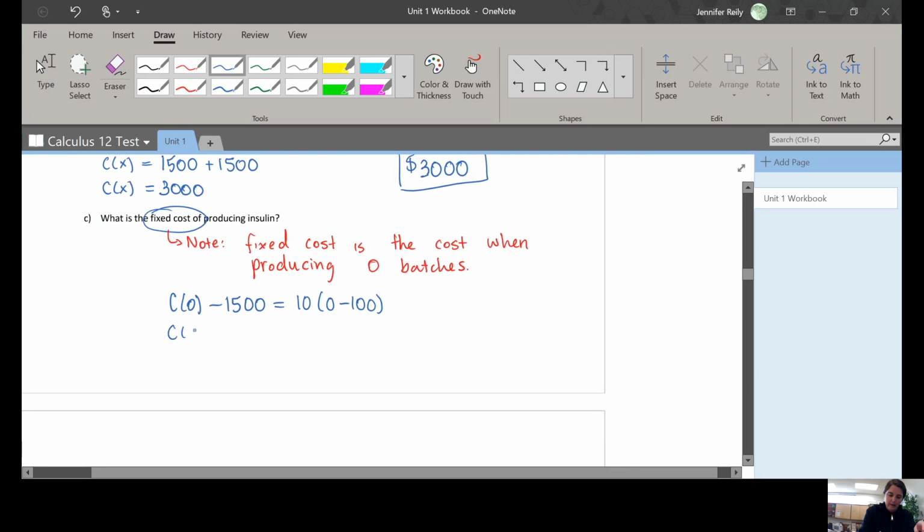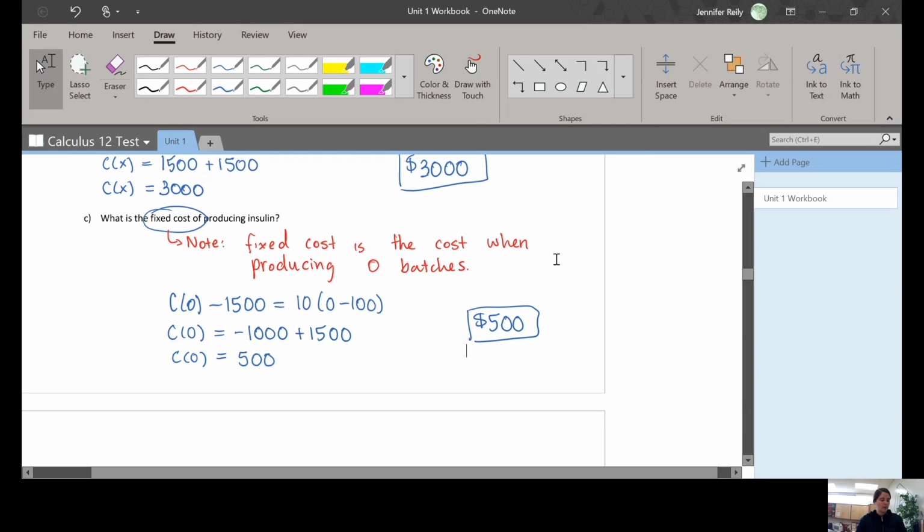So I'll add 1500 to the other side, and I get negative 1,000 plus 1500. So it's usually a positive number. So it's $500. So when this company produces no insulin, they still have a cost of $500.